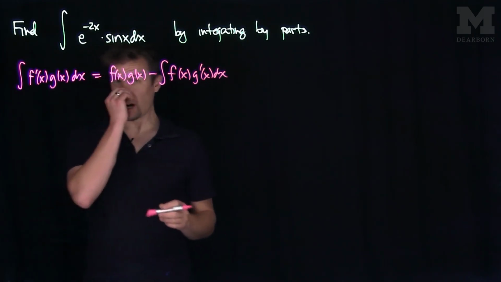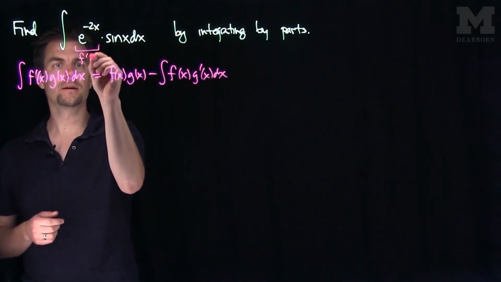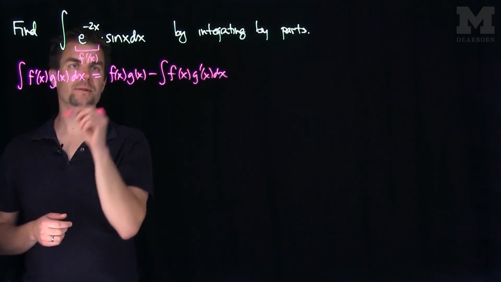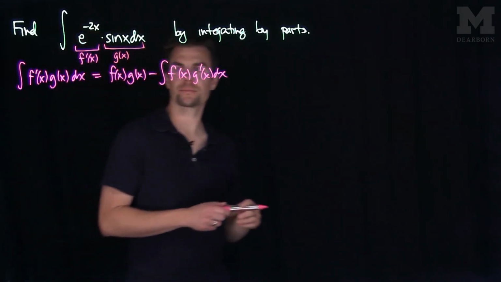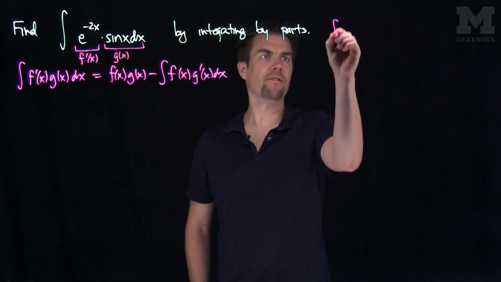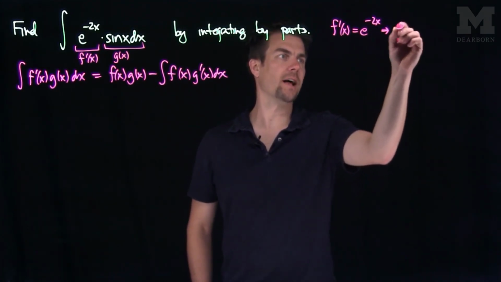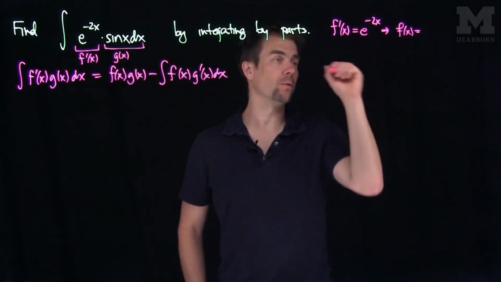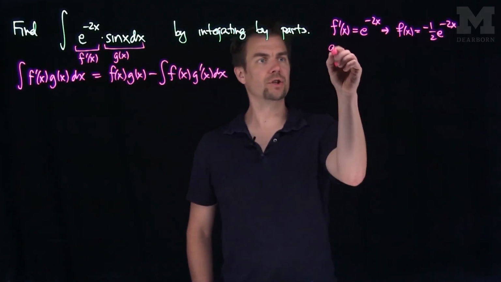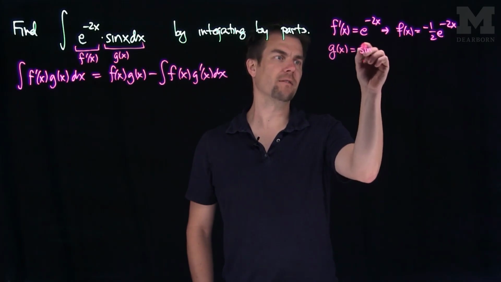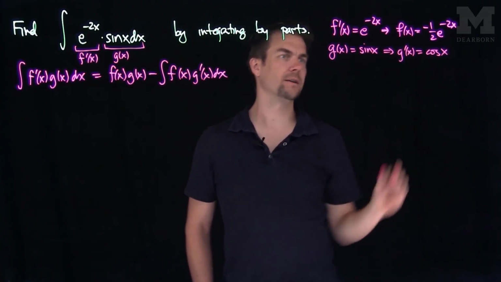In this problem we're going to let f prime of x be e to the negative 2x, which tells us that f of x is negative 1/2 e to the negative 2x, and g of x be sine of x, so g prime of x is cosine of x.